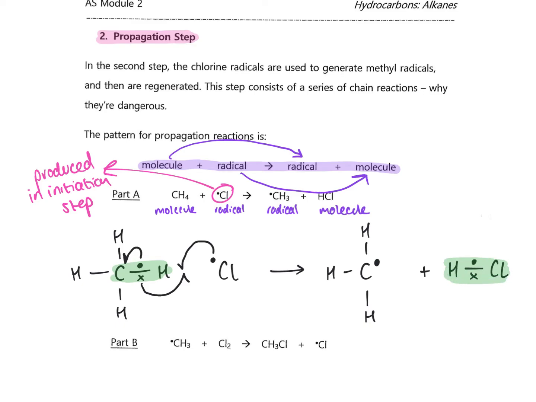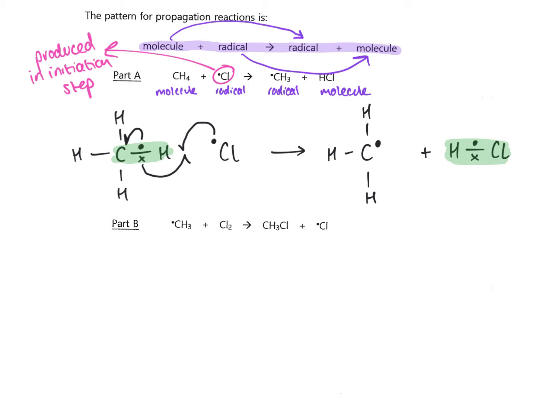So it's important that you're able to represent the movement of electrons, and you can understand how the electrons are rearranging to break bonds and form bonds. But the reaction doesn't stop there, because we haven't got our desired product. Remember, what we want to make here is chloromethane. And so what happens is this methyl radical that we formed in part A goes on and reacts with a chlorine molecule to form our chloromethane.